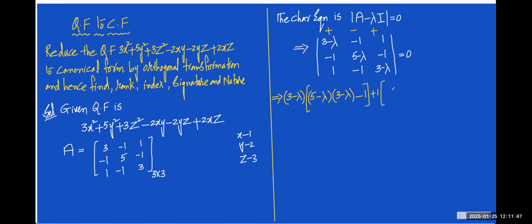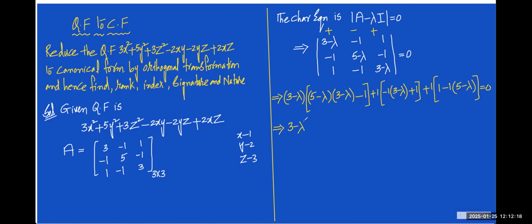And again column and row we neglect. Minus 1 into 3 minus lambda. Minus into minus plus AD minus BC. Plus 1 into, again column and row we neglect. AD means minus into minus plus 1. Minus 1 into 5 minus lambda. Equated to 0. After simplifying this one, we get the values of lambda.